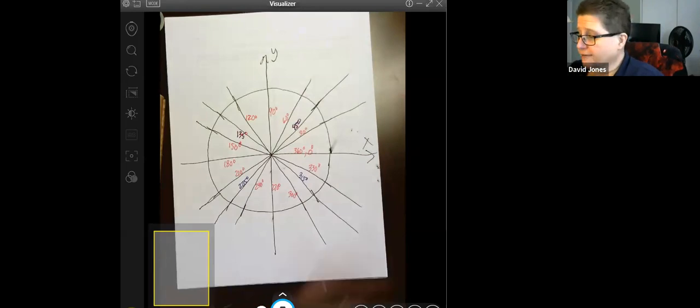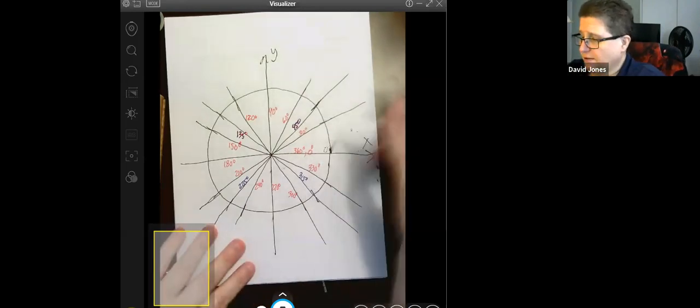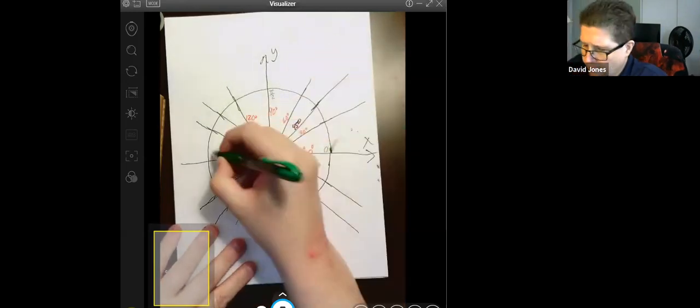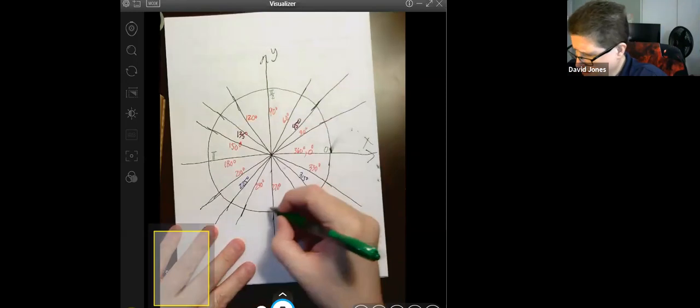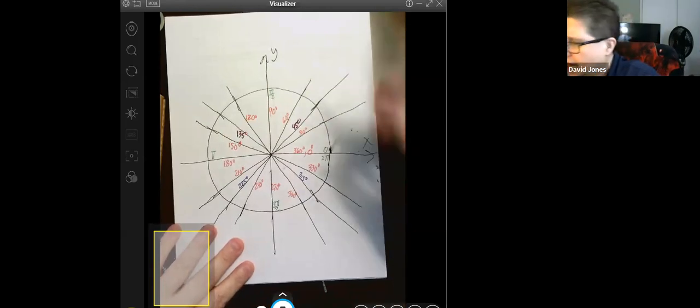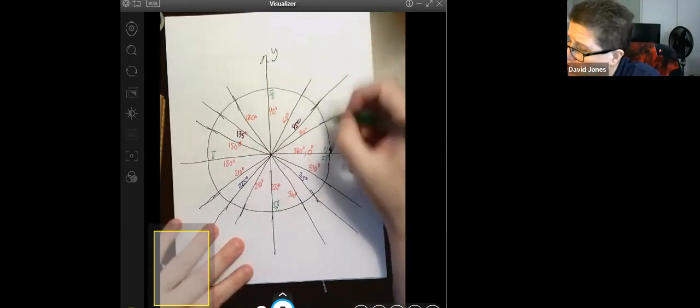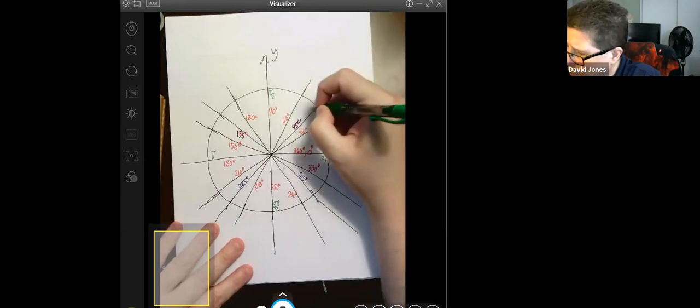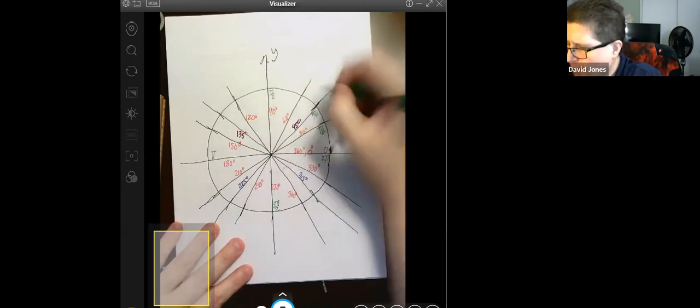So we start off, we've got 0 with the radians, 0, pi over 2, pi, 3 pi over 2, and this is 2 pi. And recall, we've got pi over 6, pi over 4, pi over 3.